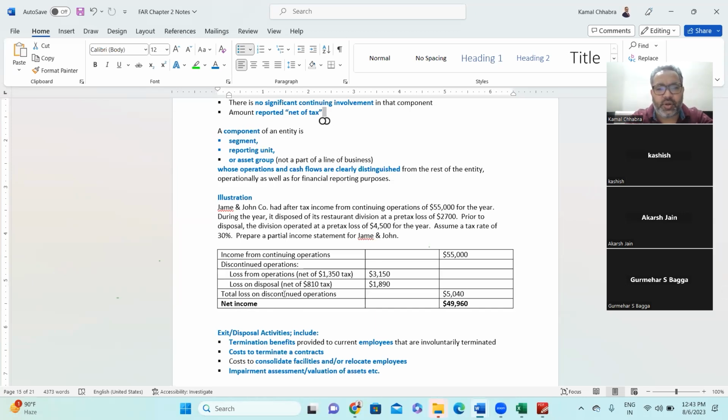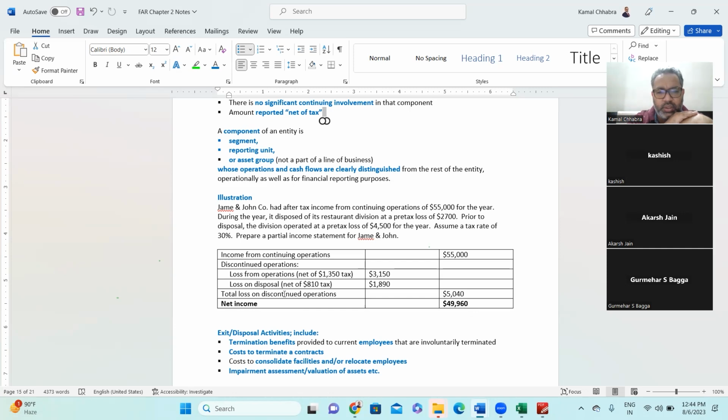James and John Company had after-tax income from continuing operations of $55,000 for the year. During the year, it disposed of its restaurant division at a pre-tax loss of $2,700.